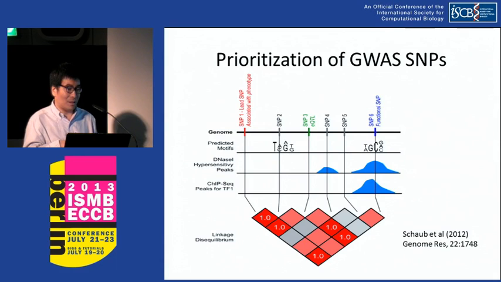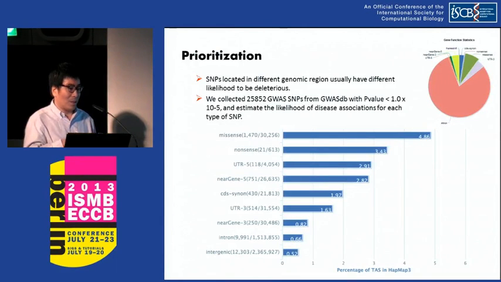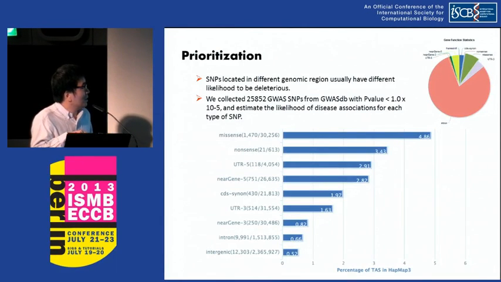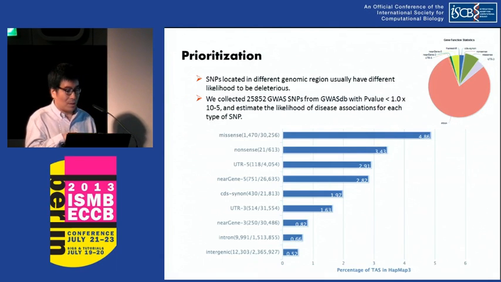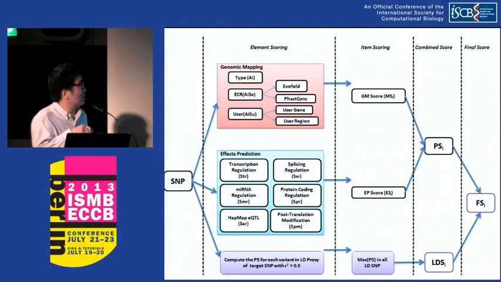So that's the rationale. The way we do it from our GWAS database, we categorize into different categories and then calculate the enrichment scores, and then use this enrichment score as a prior to prioritize those SNPs. So this is the pipeline we use to prioritize those SNPs.